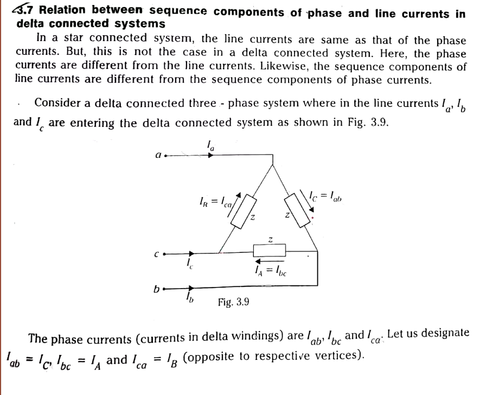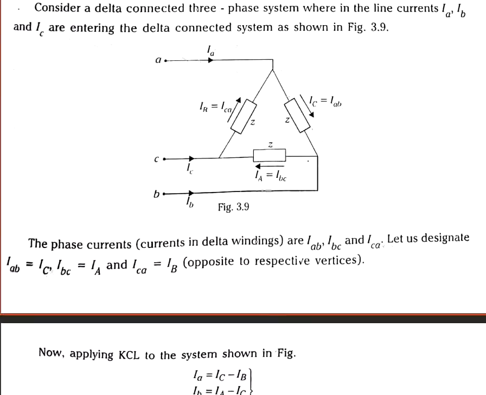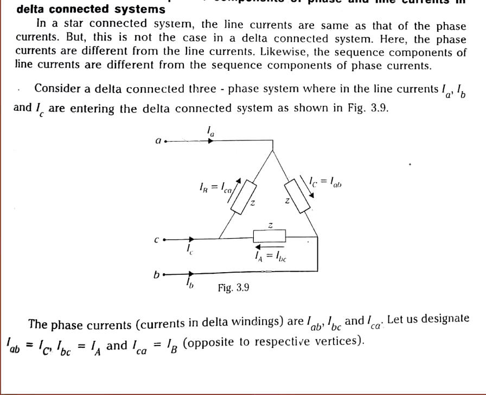Now see that figure. This is the delta connected system, where Z is the impedance. This will be my IA, this is IB, and this is IC. These are the three lines.